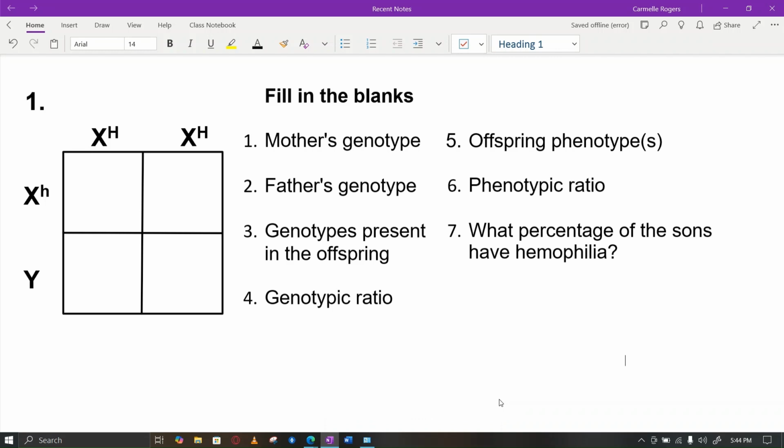Hemophilia is a genetic disorder. It impairs the way our bodies are able to clot blood, and that can be dangerous because if there's a cut and it's just not allowed to clot, then the person can bleed excessively. The condition is inherited via X-linked recessive trait.